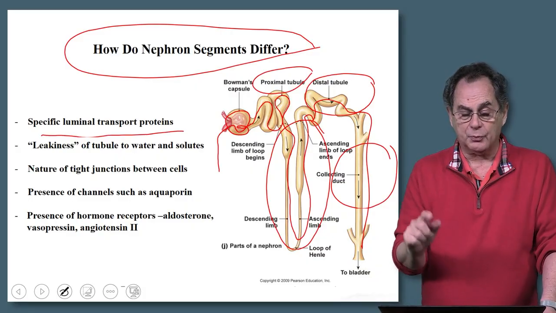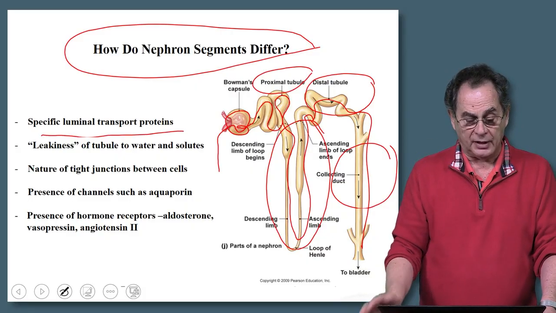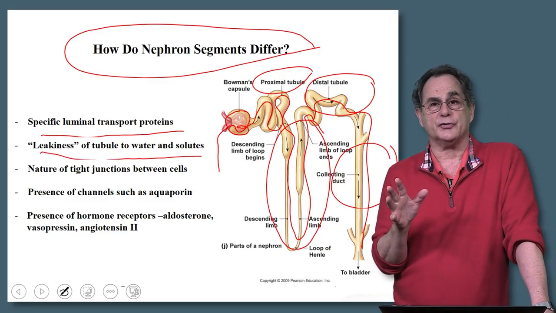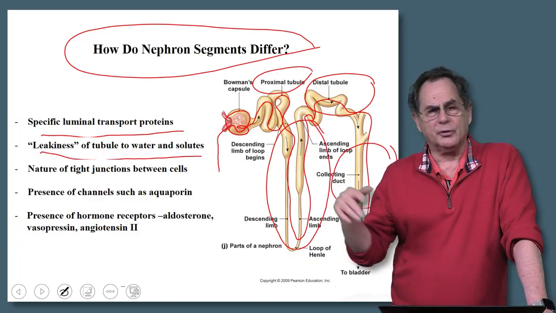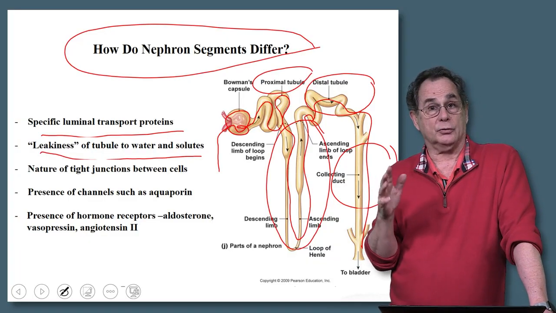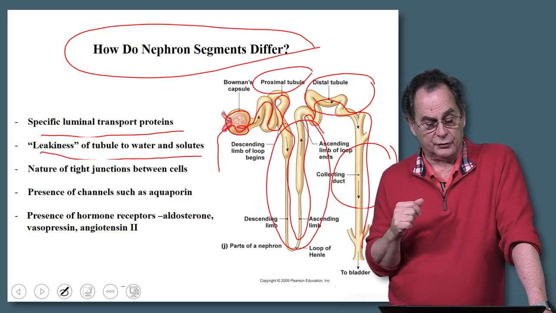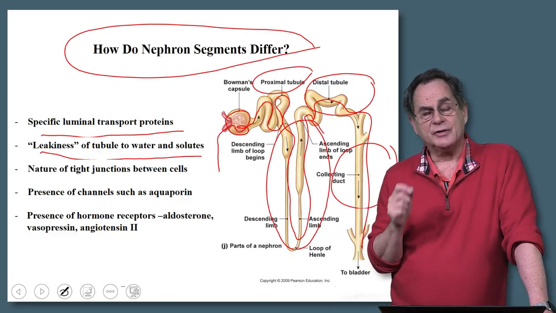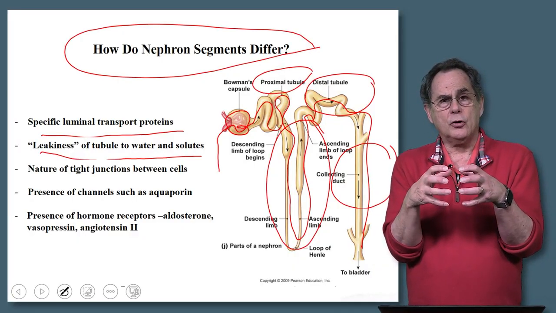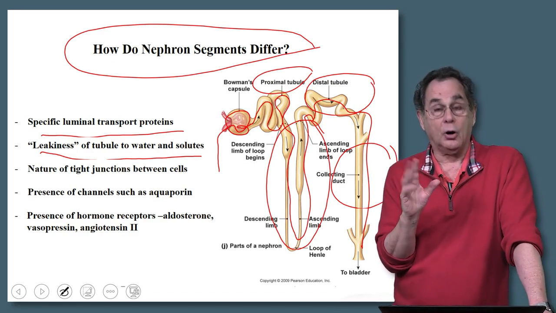Specific luminal transport proteins differ in these segments, and we're going to go over that in a minute. The leakiness to solutes and to water differs. So the ability, for example, of potassium to move across a membrane, a segment of the nephron, the ability of water to move across differs. The tight junctions between cells confer those differences in solute and water permeability in part.